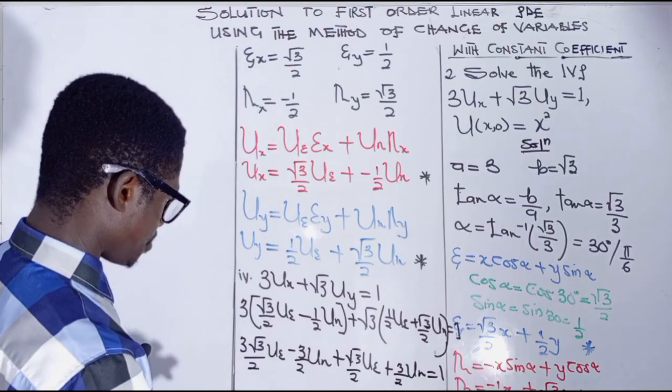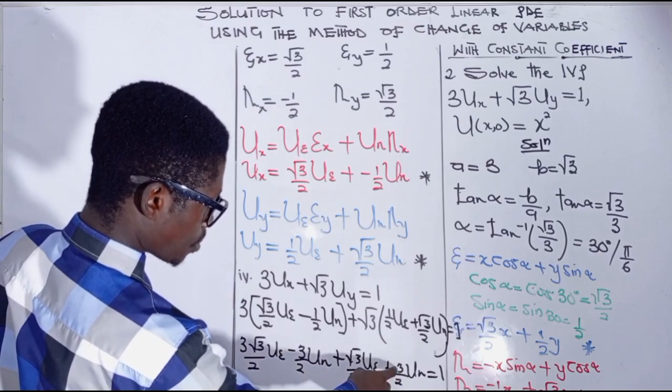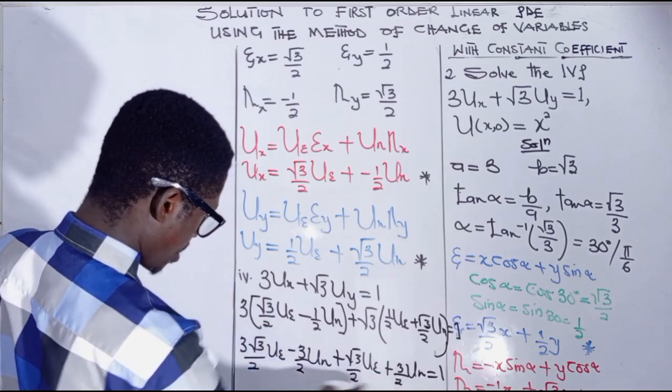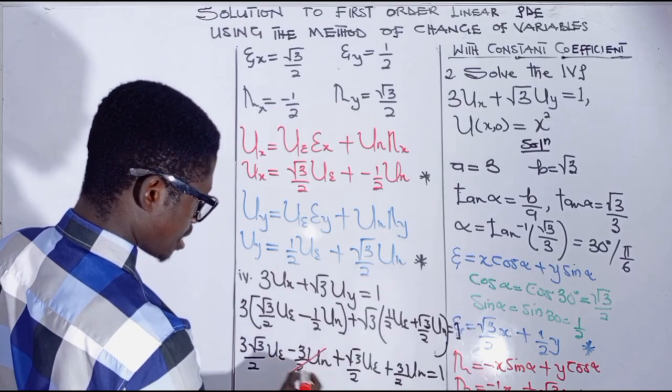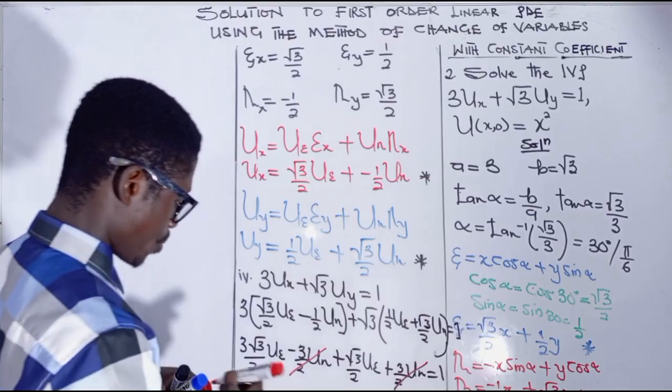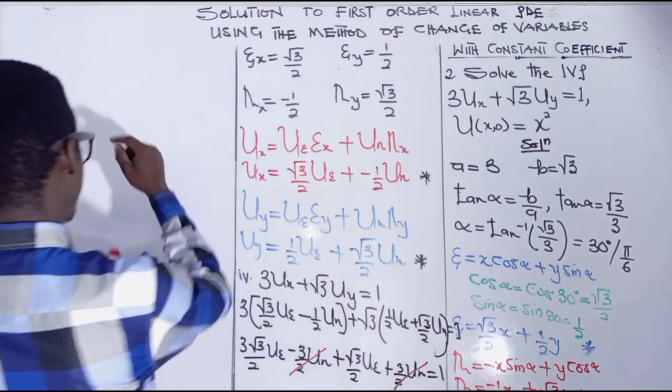We can see that in the u eta terms, we have minus 3 over 2 u eta and plus 3 over 2 u eta. So it means that these terms will cancel each other. So we are left with this, and that is equal to 1. Let's continue from here.